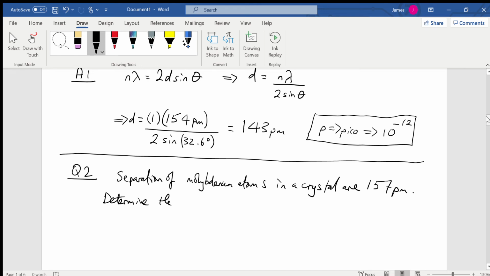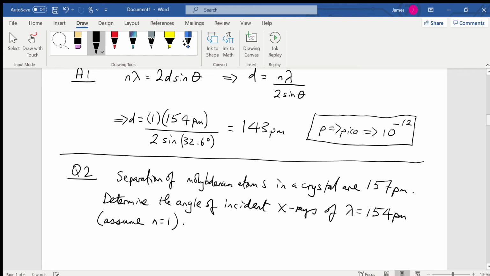Determine the angle of the incident X-rays of wavelength equal to 154 picometer. And we're told in this question just to assume n equals 1. And typically at the introductory level you can always assume n equals 1.